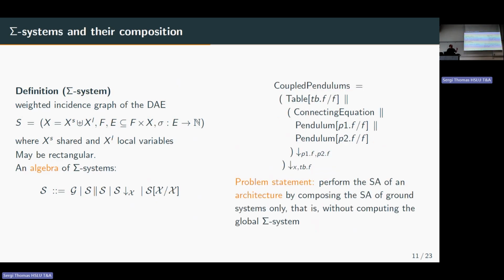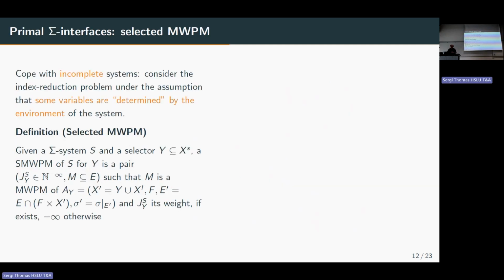Now the problem that we want to solve is, can we perform a structural analysis on such a term without computing the global sigma system? For the primal problem, we now have rectangular sigma systems, so in general there does not exist a perfect matching between equations and variables, because we don't have the same number of equations and variables.